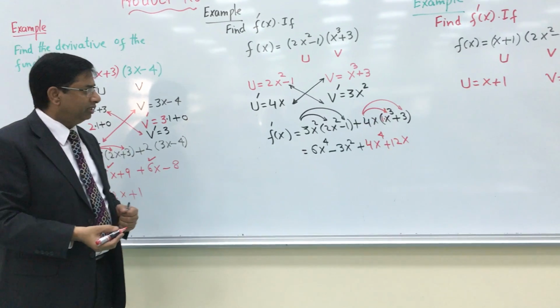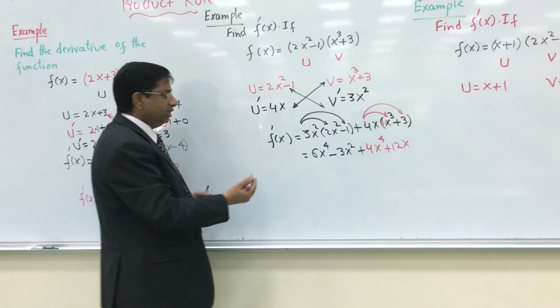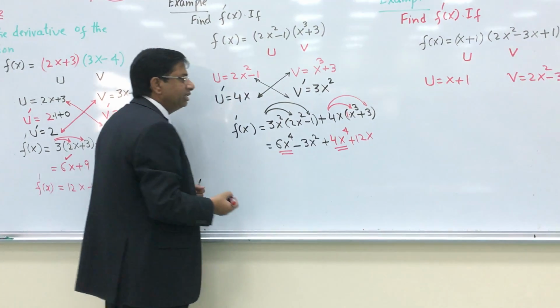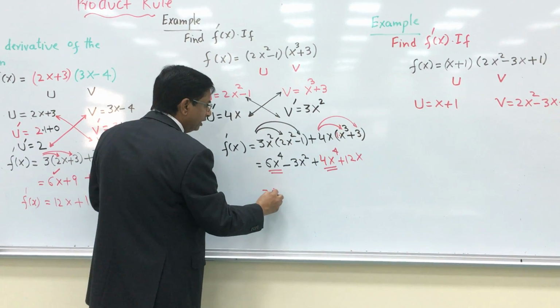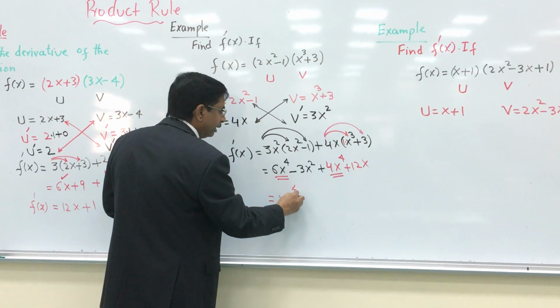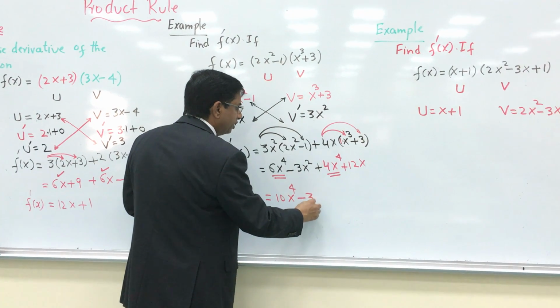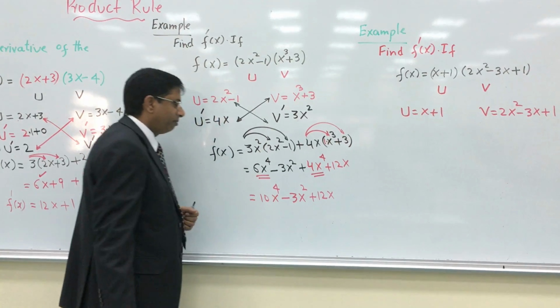So multiplication done. Now we have to look for the like terms. You see here this term and this term. These are like terms. So we can simplify 6 plus 4, 10, variables stay the same, x raised to the power 4. x squared is only one term, so minus 3x squared plus 12x.